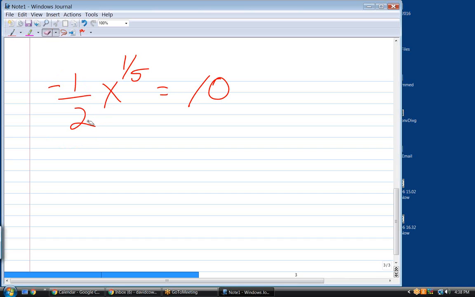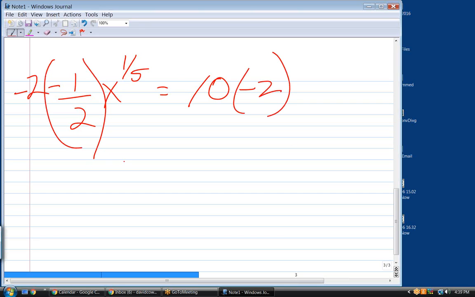So if I want to get rid of the denominator, I'm going to multiply both sides by 2. If I want to get rid of the -1, I'm going to multiply both sides by -2. Okay? So if all I'm doing is multiplying that part by -2, so I have to multiply this by -2. Now that gives me x to the 1/5 equals -20.